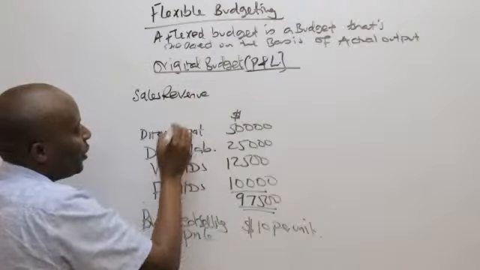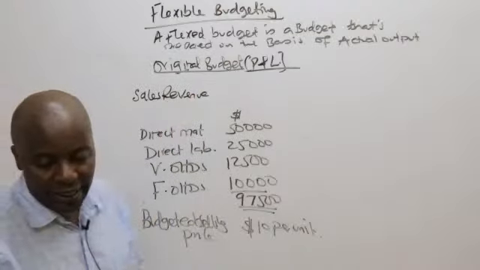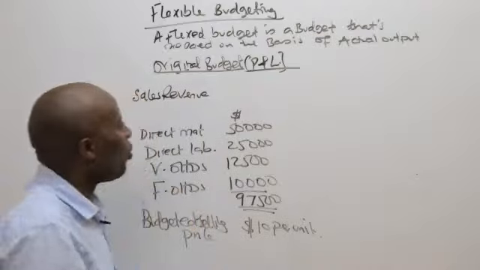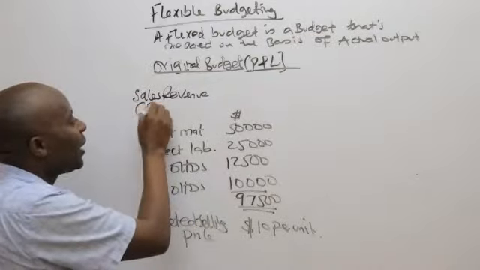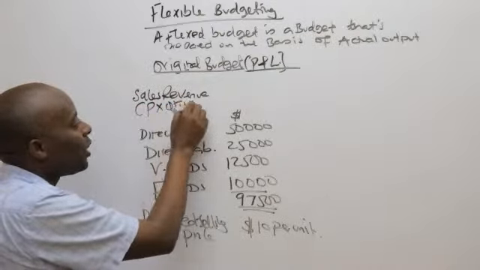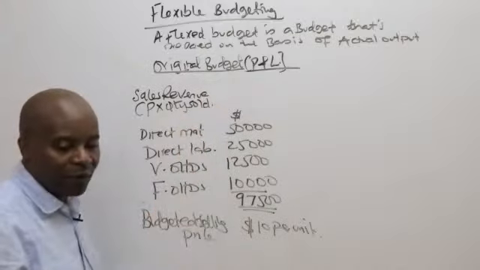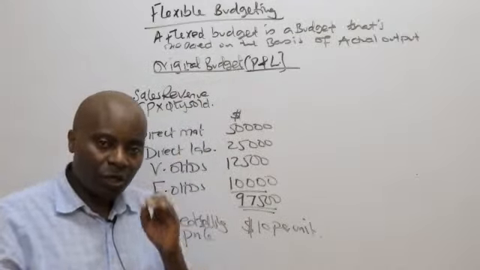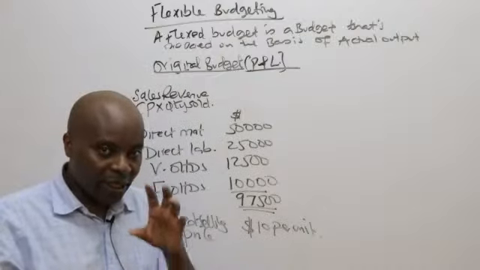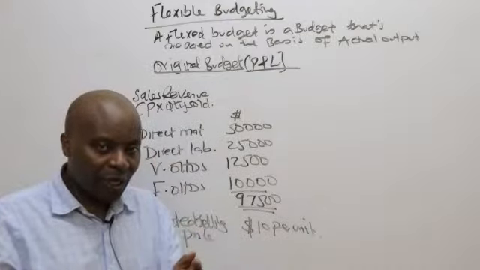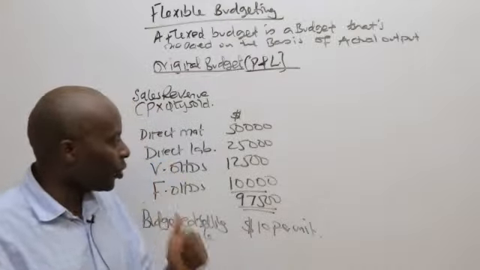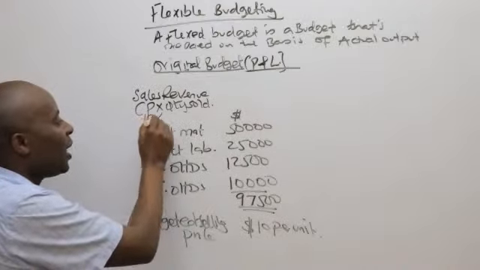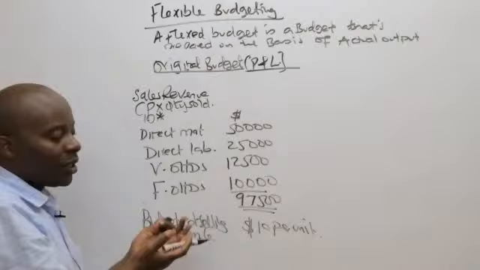Now, my great students, how do we normally get sales revenue? To get sales revenue, we take selling price times the quantity sold. You can see here that the selling price is 10 times the quantity sold.